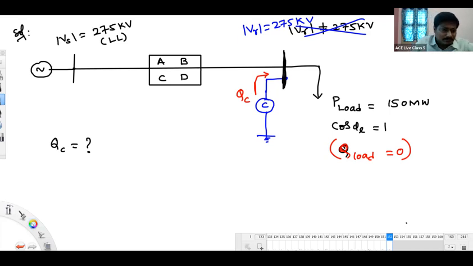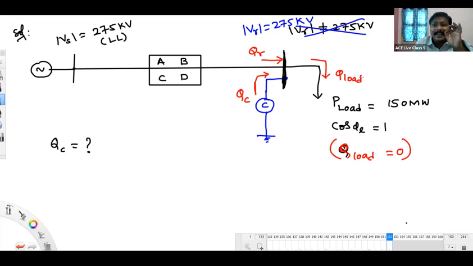For example, the line is injecting a reactive power of QR into the bus. The load is taking a reactive power of Q load. Apply that reactive power balance here, just like KCL.